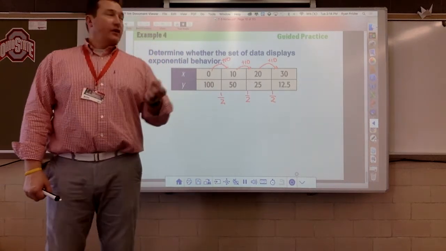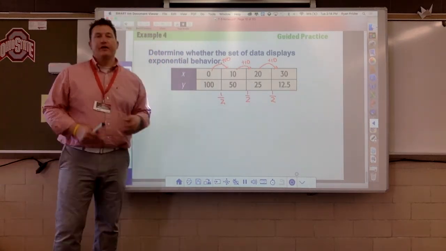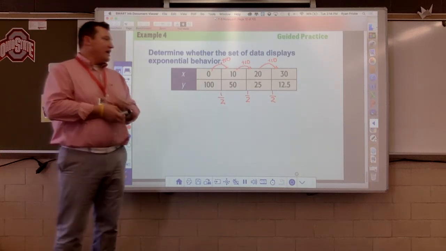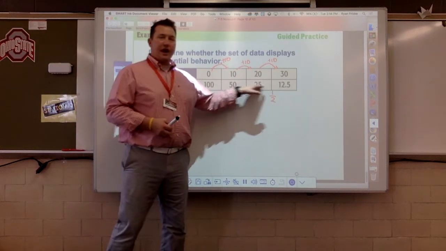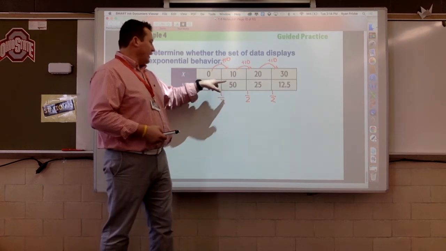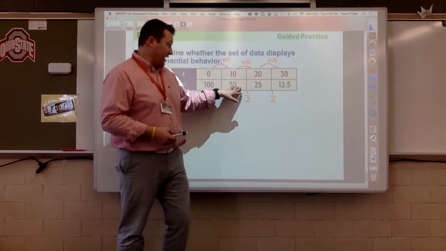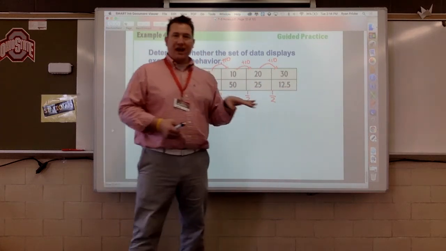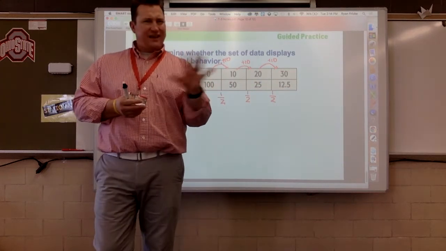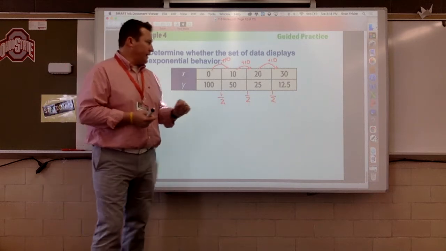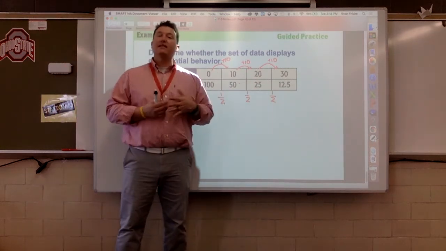Okay? So does this one have exponential behavior? Yes, it does. Okay? And look, as we would notice, if we tried to subtract here, right? Hey, this minus this, okay, that's going to be what? Negative 50, and then here's negative 25, negative 12.5, right? So we would automatically think, hey, something doesn't look right here. Okay? So that tells me it's not linear.